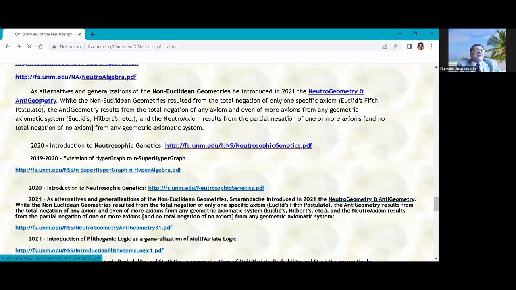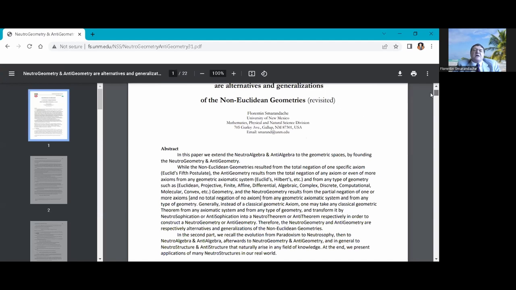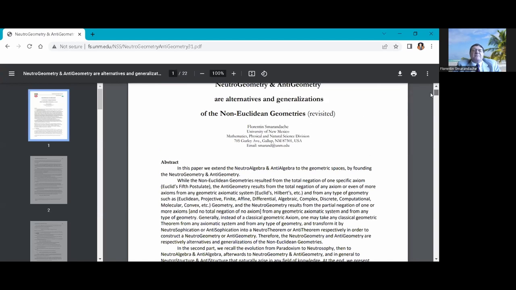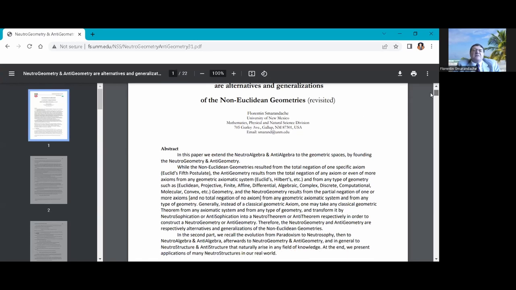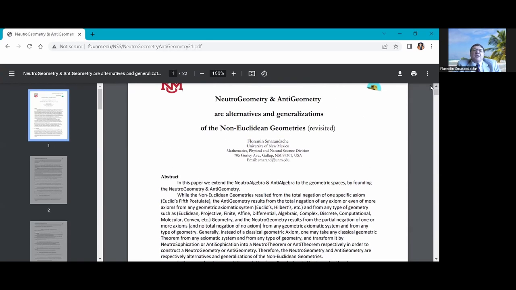And anti-geometry means the geometry where at least an axiom is totally false. So anti-geometry is a generalization of non-Euclidean geometry because it refers to all kinds of axioms, while neutrosophic geometry is an alternative to non-Euclidean geometry because it refers to axioms that are partially true and partially false.